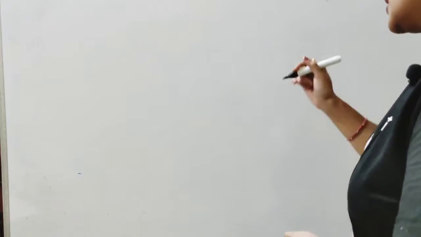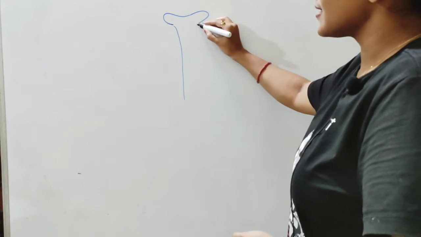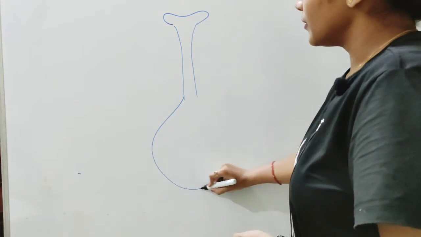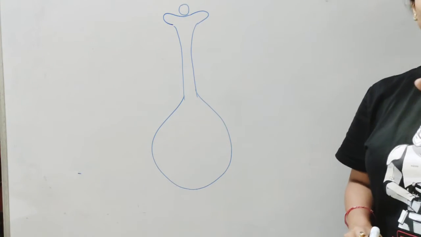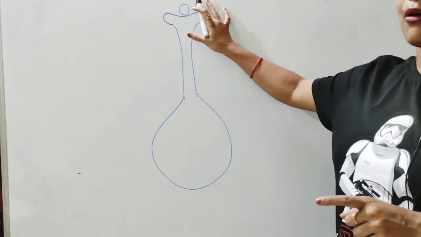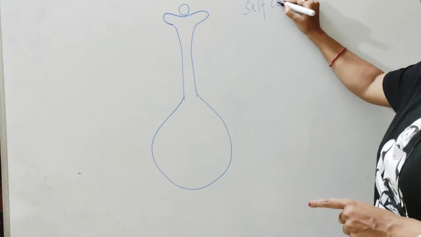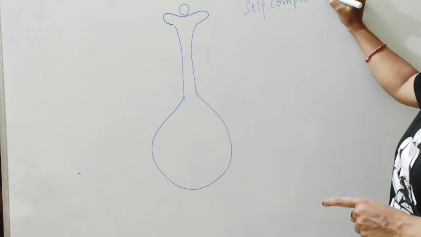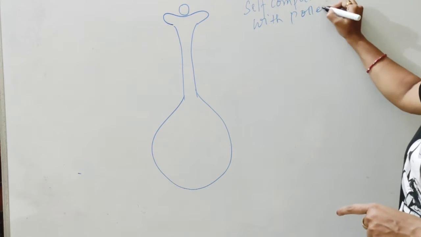Now let's talk about double fertilization. Why is it called double fertilization and what exactly happens there? When I talk about double fertilization, always remember that this process starts with the fall of the pollen on the stigma, and the most important thing is that there has to be a compatibility with the pollen grain.